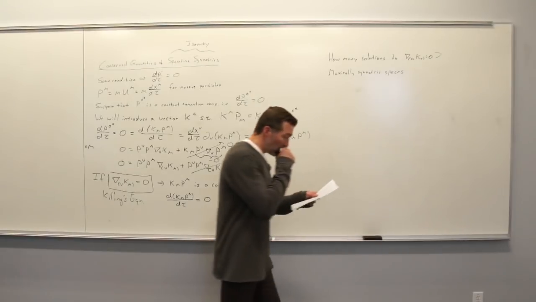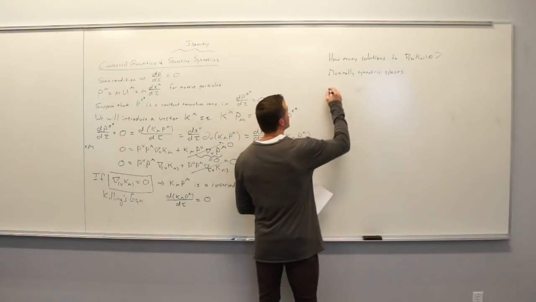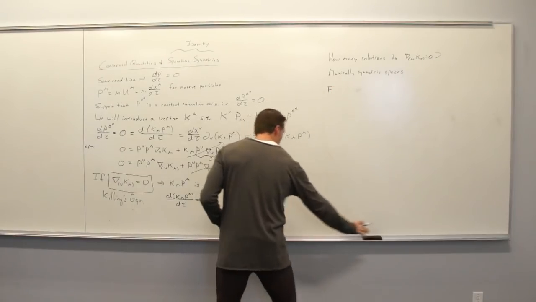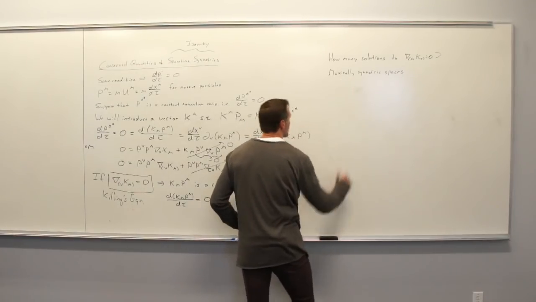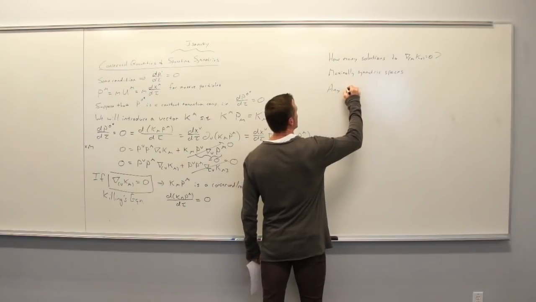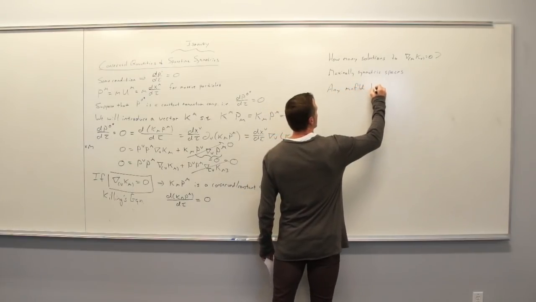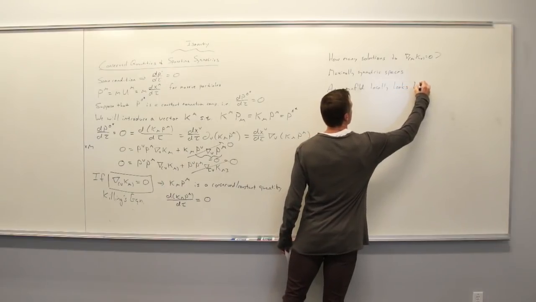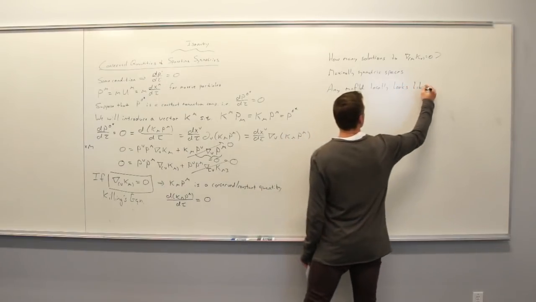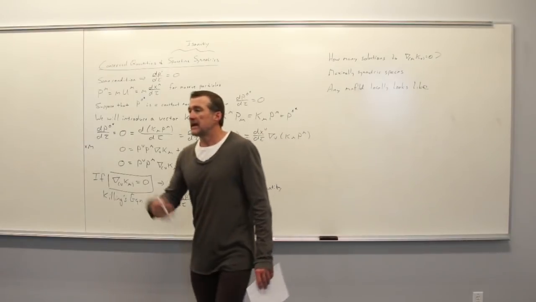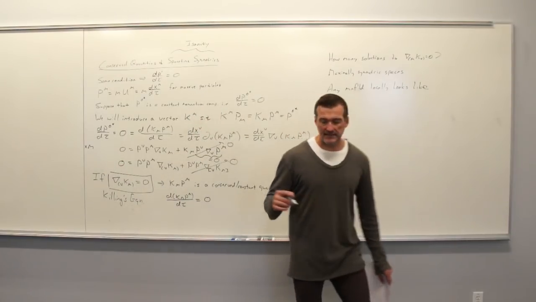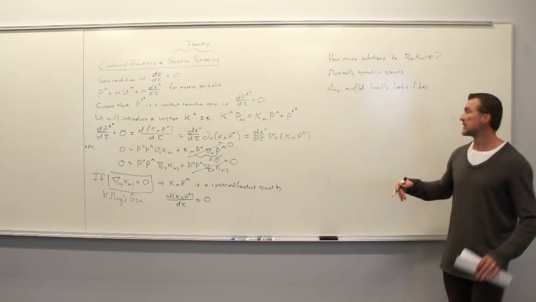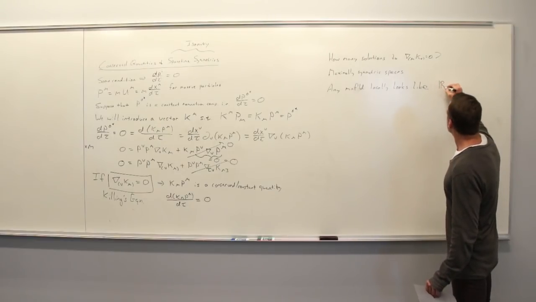So in order to do the counting, recall, any manifold locally looks like what? Yeah, so if it's a Euclidean signature manifold, that means it's a spatial thing, not a space-time thing. Then it looks like R^n.